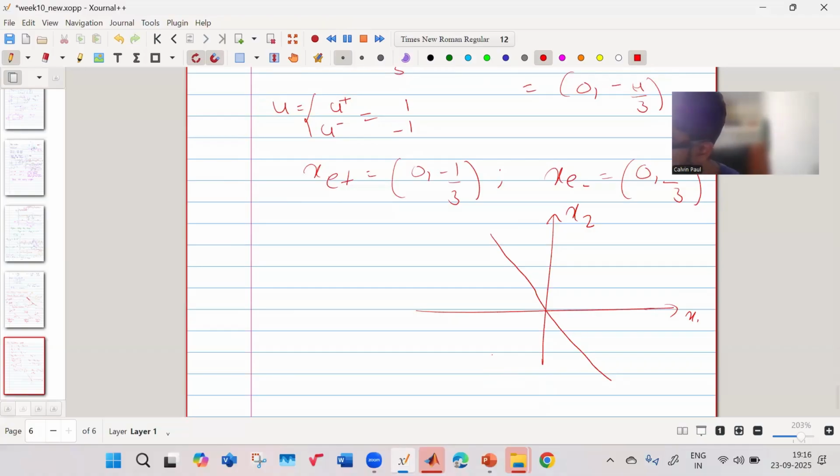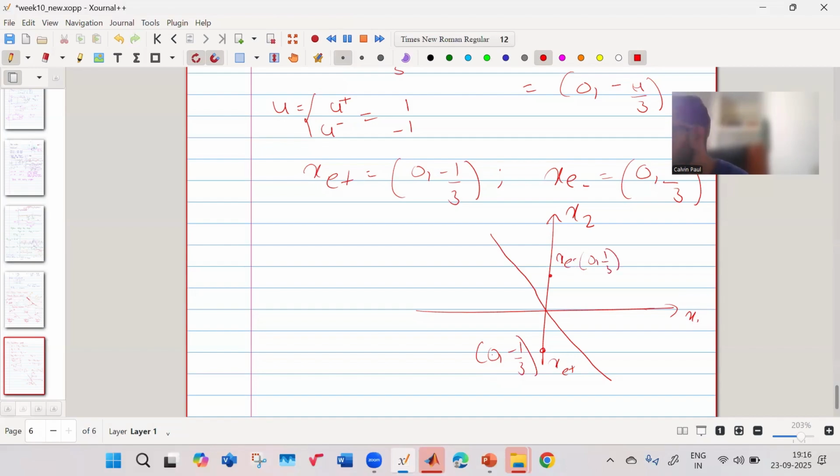Negative y-axis. It is 0, no? So it will be on the negative y-axis. So this is your 0 comma minus 1 by 3. This is your xe plus. This is your xe minus, 0 comma 1 by 3.